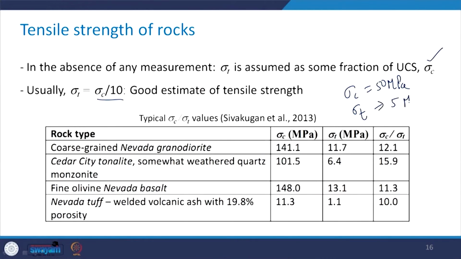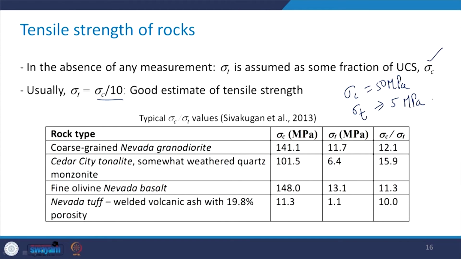So if you are not able to carry out the tensile strength test in the lab and you have the data for UCS, that's the kind of thumb rule that we adopt in the field, that okay, if the compressive strength, let us say, is 50 MPa, then sigma t can be taken as 5 MPa of this order.